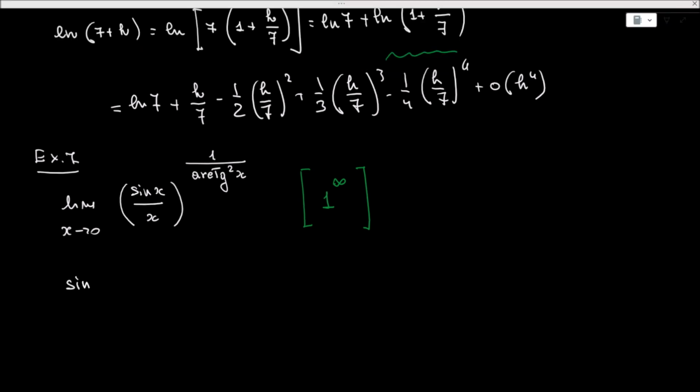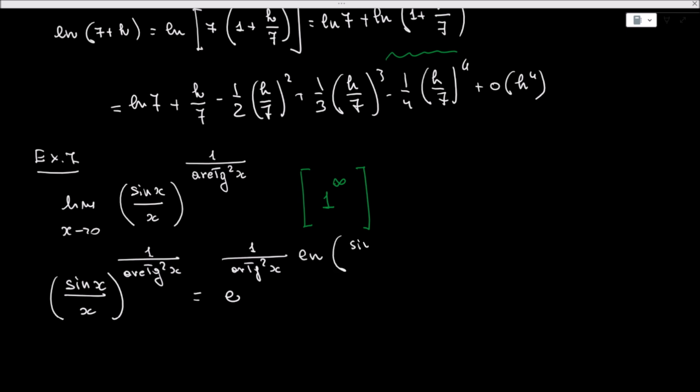We can rewrite sine of x on x all raised to the 1 divided by arc tangent square of x as e raised to the 1 divided by arc tangent square of x times the logarithm of sine of x divided by x. Okay, so we'll try now to solve this limit.